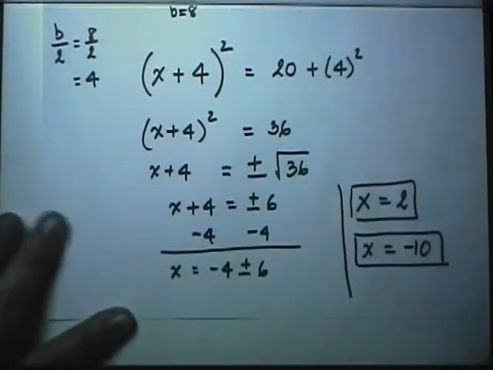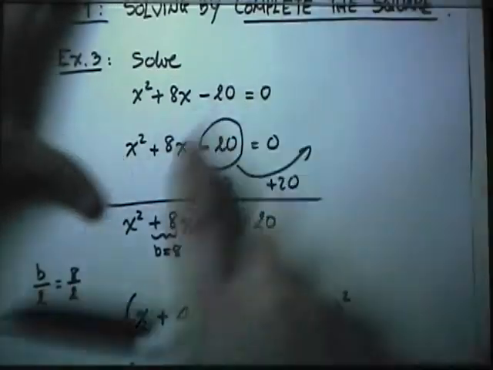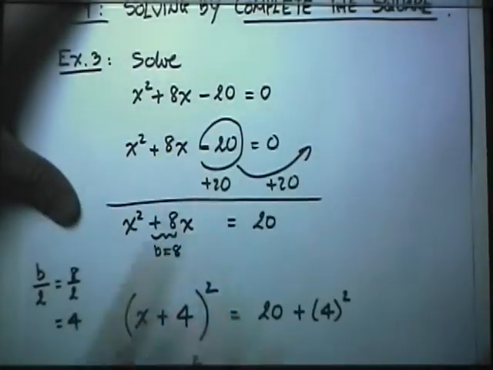So these are my two solutions to the quadratic equation x squared plus 8x minus 20 equals 0.